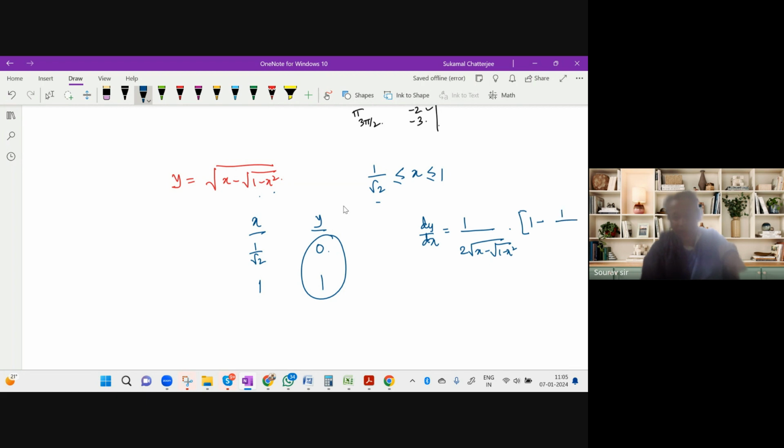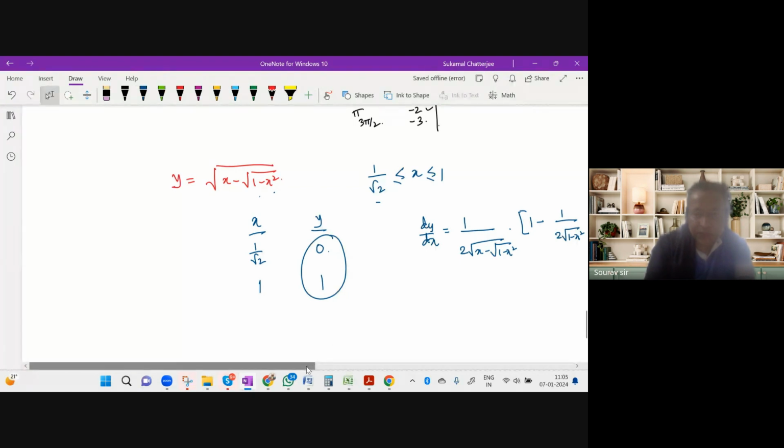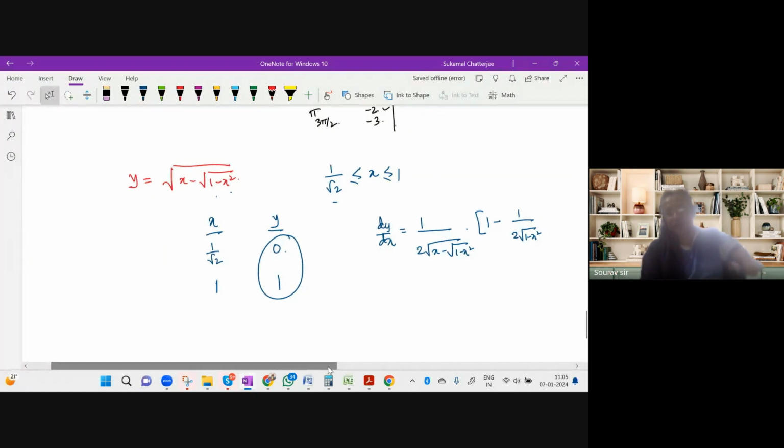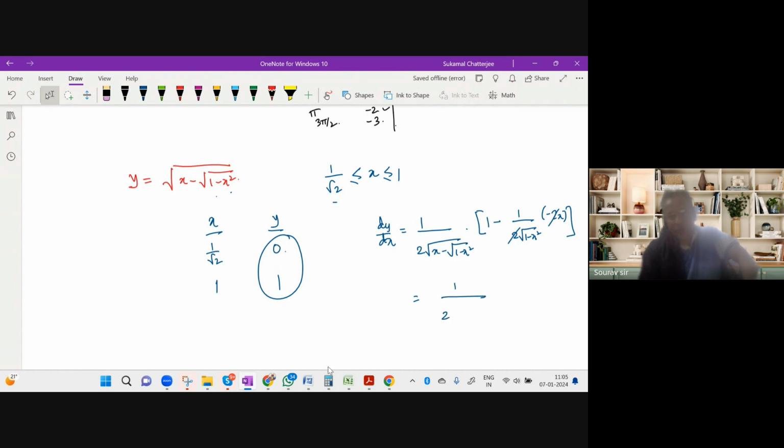So 1 by 2 root over of 1 minus x square into minus 2x. So this becomes 1 by 2 root over of x minus root over 1 minus x square, into 1 minus of minus x, so plus x by root over of 1 minus x square.